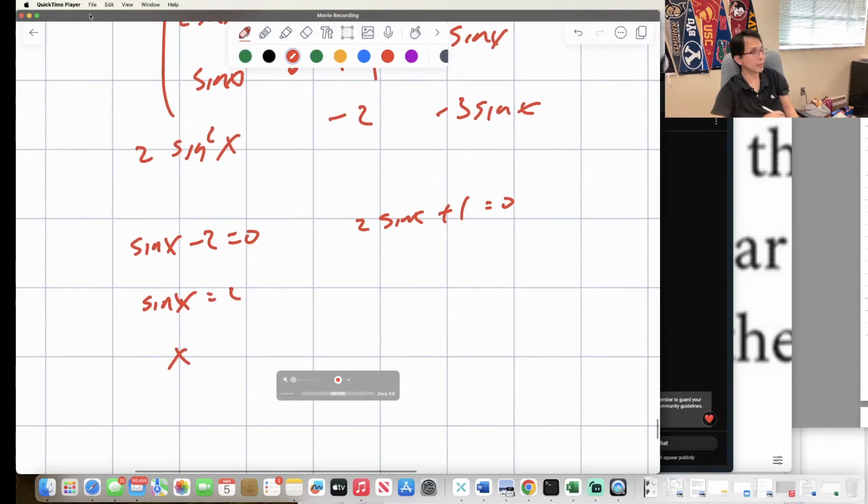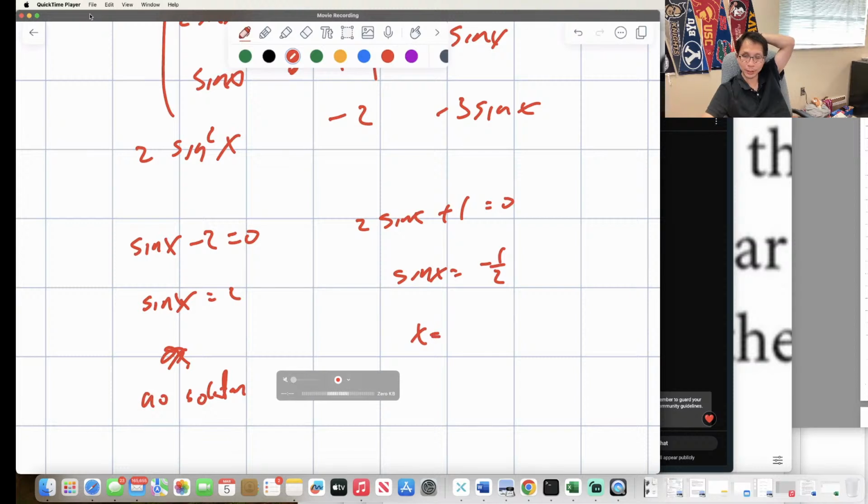Okay, so does sine x ever equal 2 though? Think about a sine wave. It's oscillating between which two values? 1 and -1, right? Do they ever get 2? No, no solution here. And sine of x is equal to -1/2.